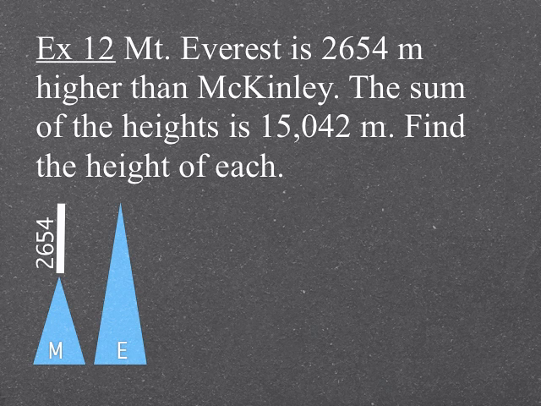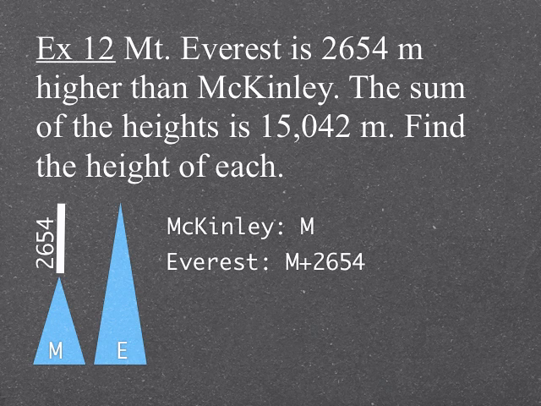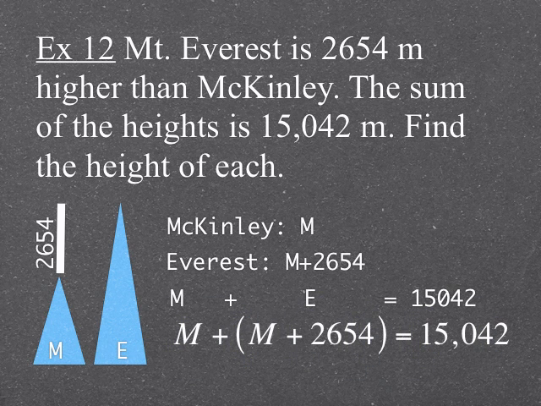Now I know that Everest is equal to McKinley plus 2654. So if McKinley is M, Everest is M plus 2654. The sum of their heights, that's McKinley plus Everest, or M plus M plus 2654, is 15,042.